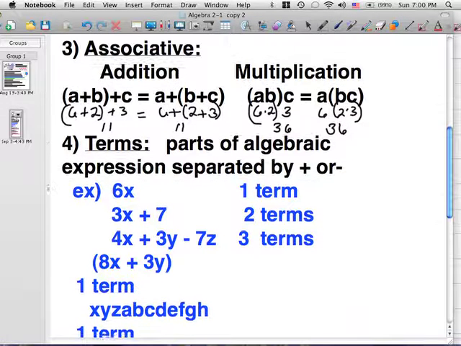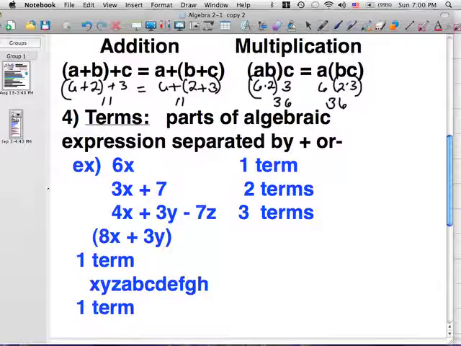You have to understand how many terms are in an algebraic expression. Terms are always separated by addition or subtraction signs. So for example, this expression only has one term because there's no addition or subtraction sign. The next one has two terms separated by one addition sign, so the terms are 3x and 7.